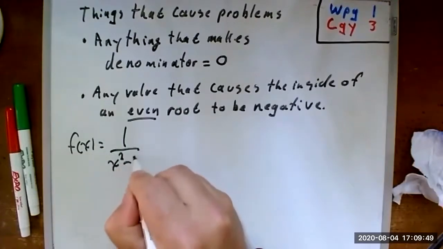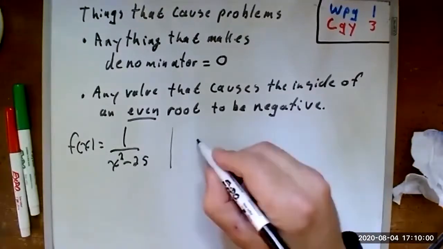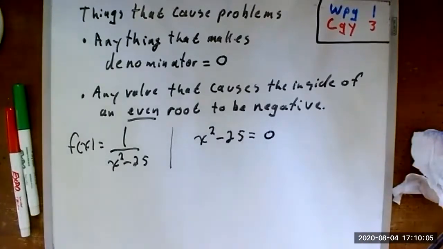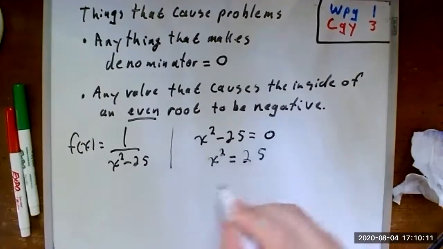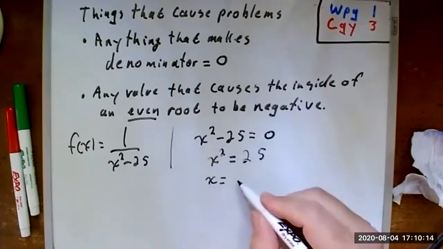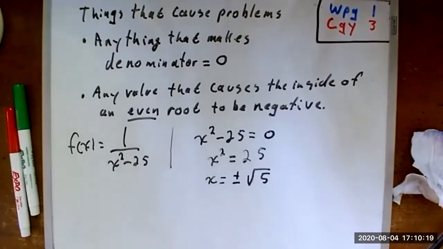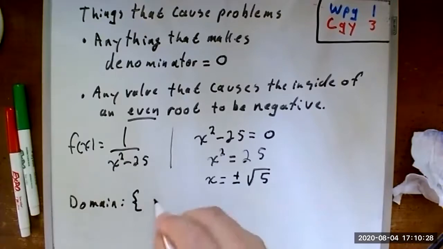Okay. So we're given a function, one over x squared minus 25. And we're asked to define where the domain of this function is. So what we immediately look for is the place where our denominator goes to 0, which means I'm looking for any place where my x squared is equal to 25, which means I'm looking for any place where x is equal to plus or minus 5.